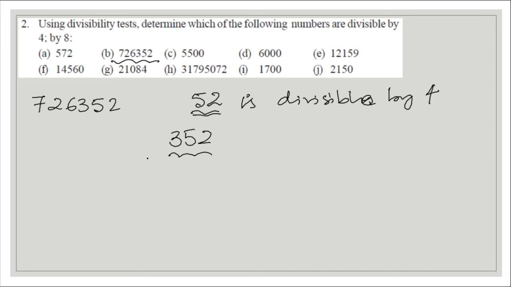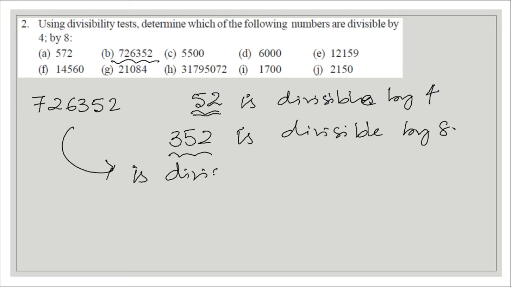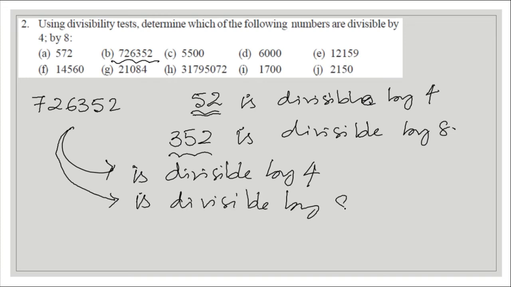If you divide by 8, 8 fours are 32, 3 will remain. Once again 8 fours are 32, is divisible by 8. Since the given number's last two digits is divisible by 4, the given number is divisible by 4. Since the last 3 digits is divisible by 8, the given number is divisible by 8.